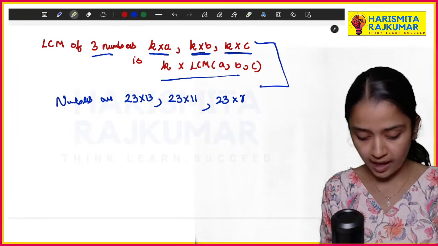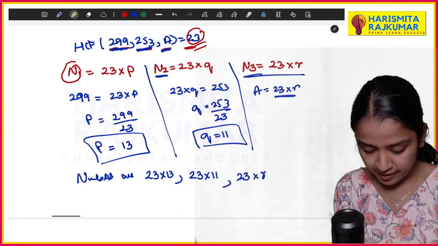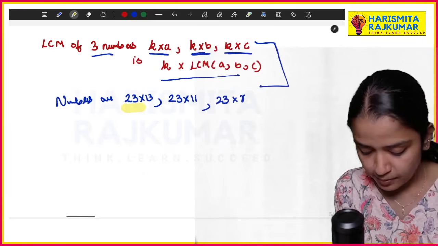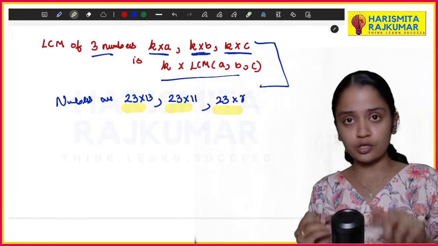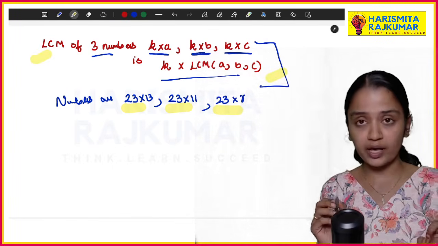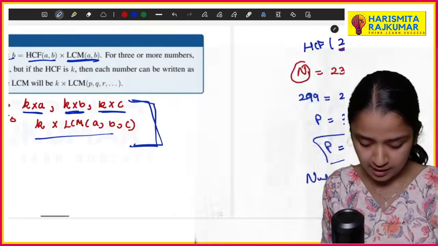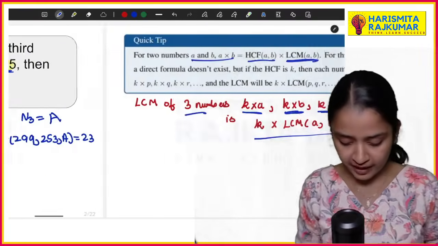Now I've already represented the numbers as 23 into 13, 23 into 11 and 23 into R. Now use this formula. We know the LCM of these numbers is nothing but 16445.